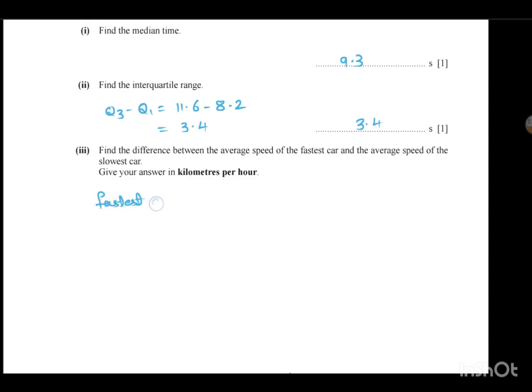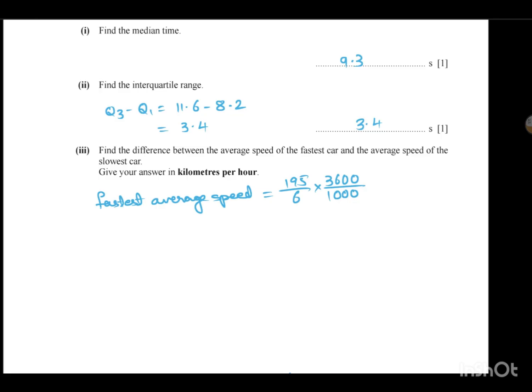The fastest average speed is 195 by 6 into 3600 by 1000. Why? Because if you want to convert seconds into hours, you divide 6 by 3600 and divide 195 by 1000 to make it into kilometers.